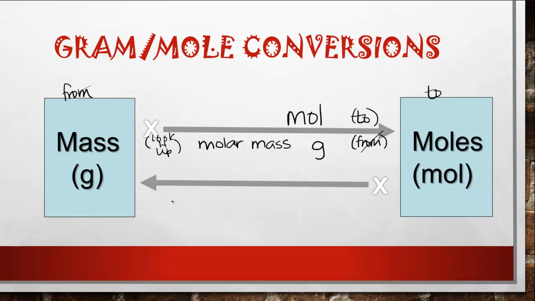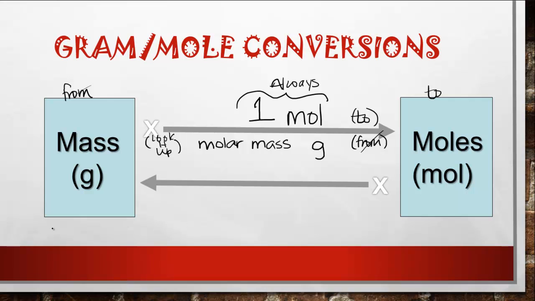So any molar mass, you're going to have to look it up. Sometimes you have to add it up if it's for a molecule. Now the nice thing is, if this is a molar mass, this is grams per mole. So this number is going to be 1, and this is always 1. This is a constant. So whenever we have moles, we are going to have 1 in front of it.